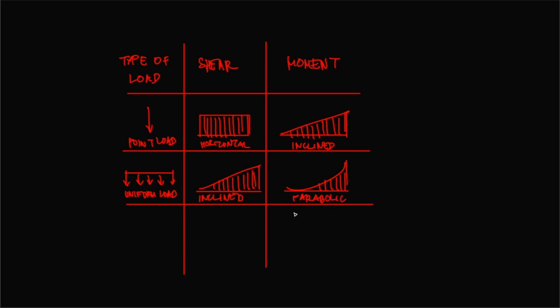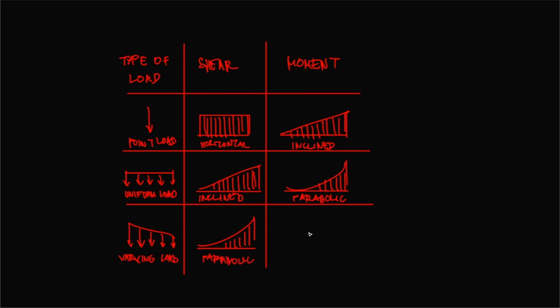And then lastly, a varying load, which is a distributed force with a varied amount of load. It will have a shear diagram of a parabolic drawing, like this. This is parabolic.